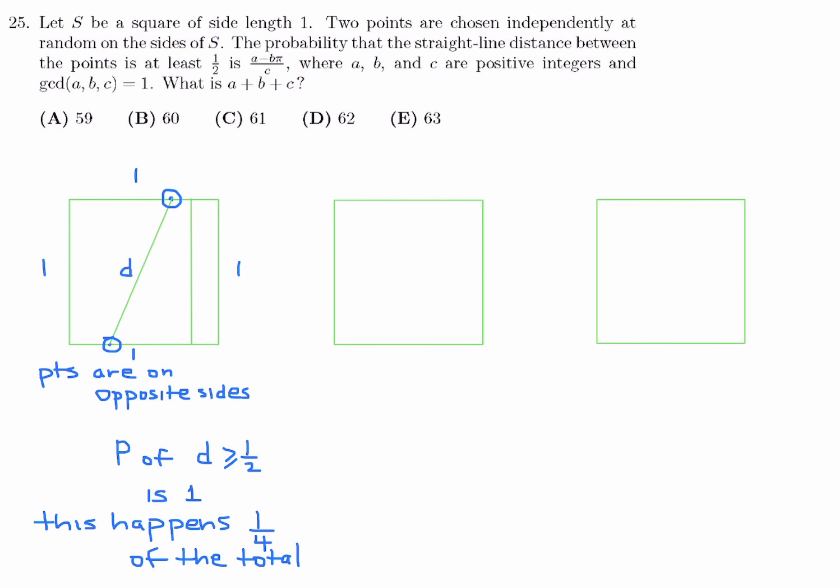All right, so that's the first scenario. The second scenario is when both of the points are on the same side. So for example, this is one point and this is a second point, and we want the distance to be greater than or equal to a half.